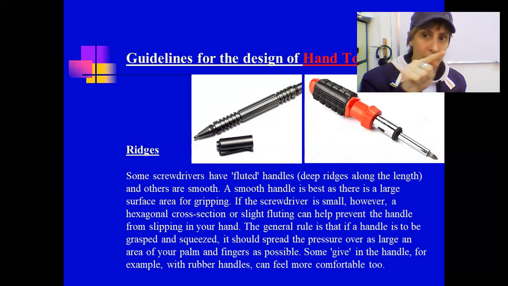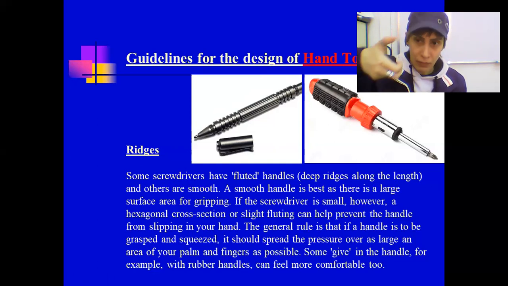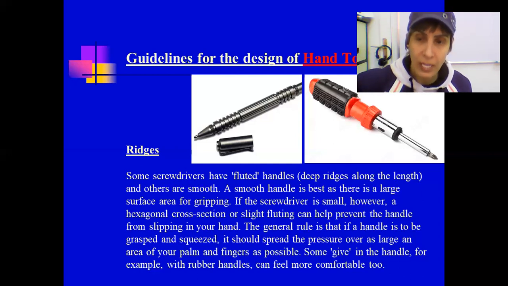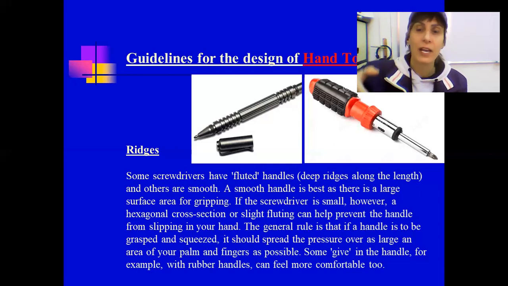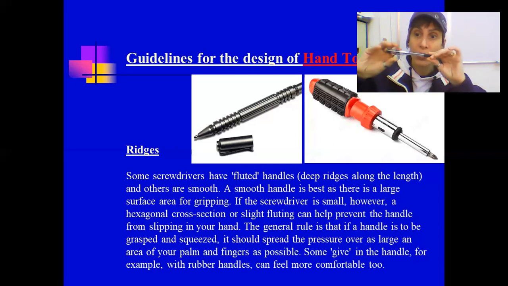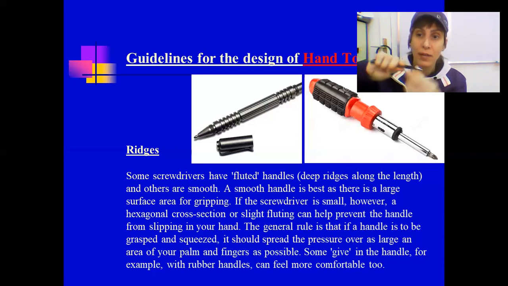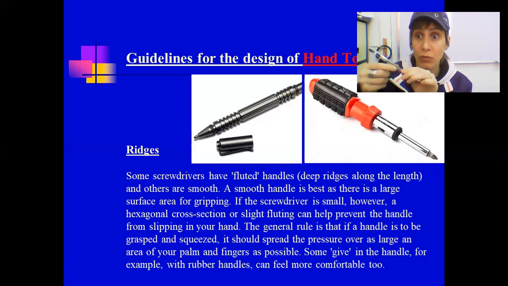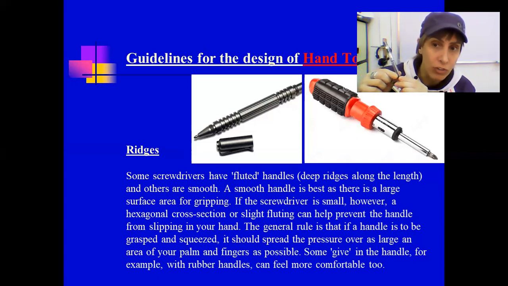Now the square is stronger when you hold something in your hand with a square cross section. It makes slipping less possible. It creates a very strong grip. When it's round, it's easier to slip. It's easier to rotate. I can rotate this more easily than if this one had a square cross section.